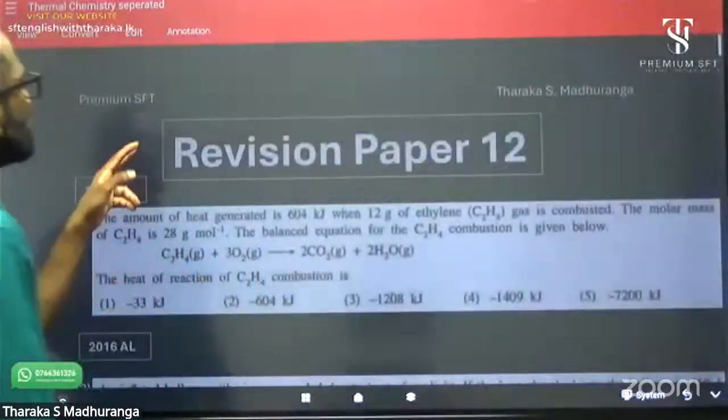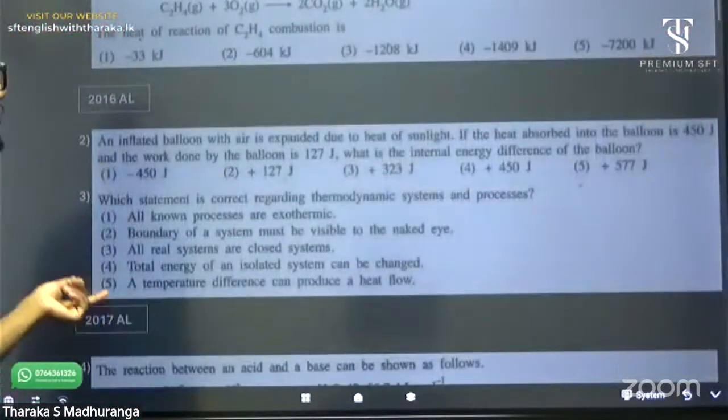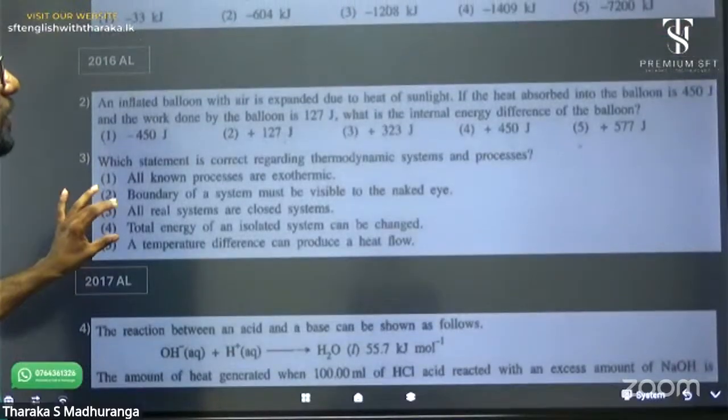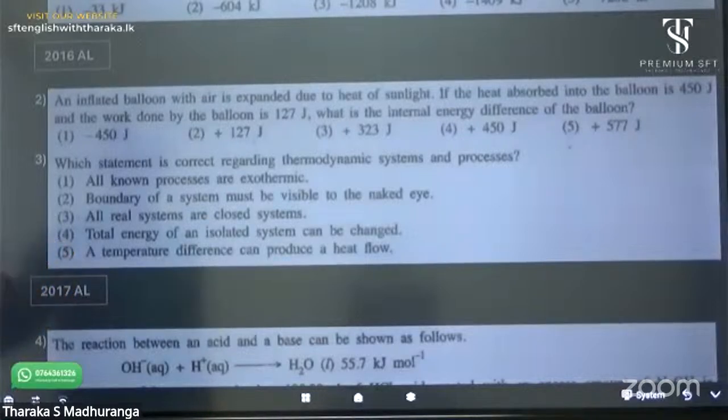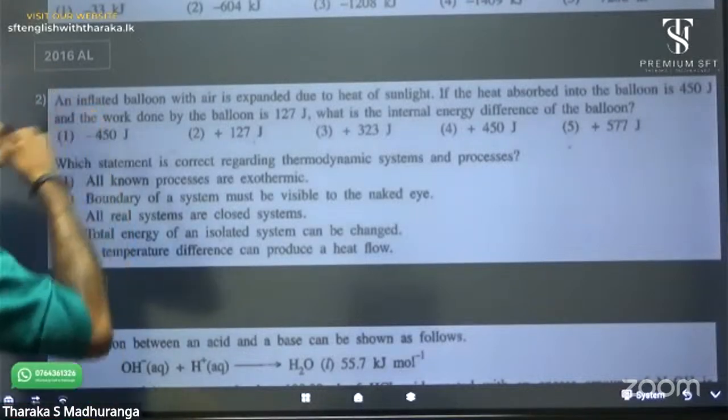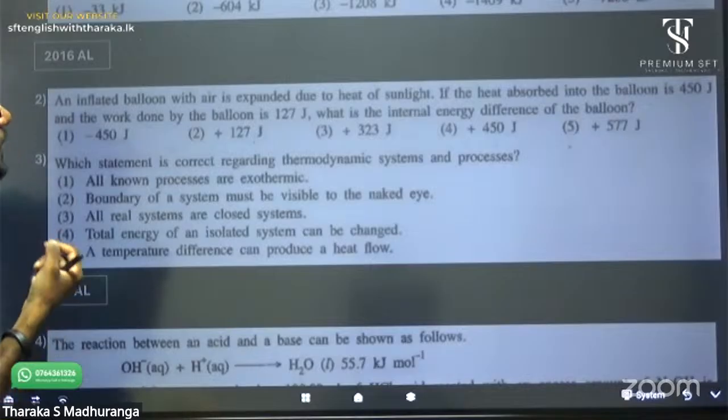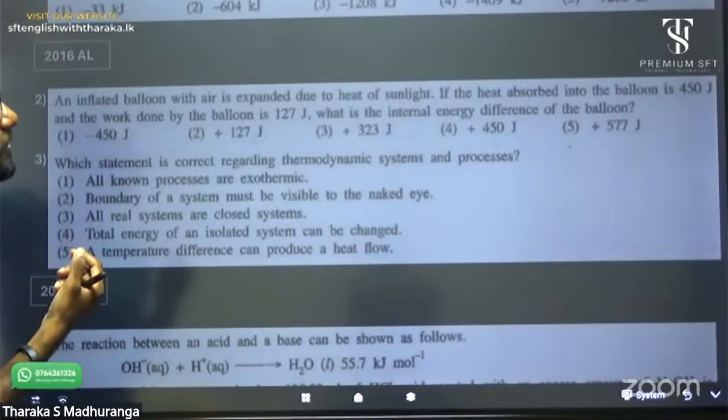All right, let's move into the 2016 MCQ question. An inflated balloon with air is expanded due to heat of sunlight.